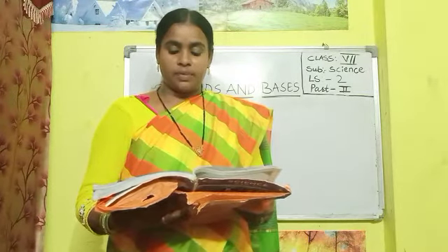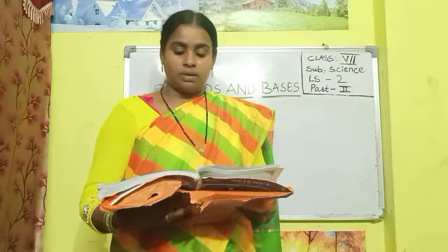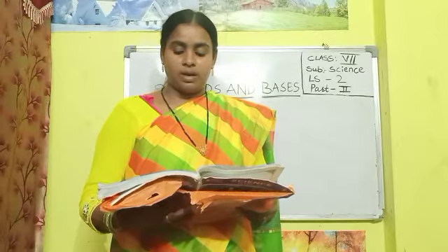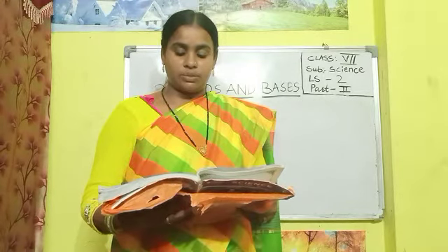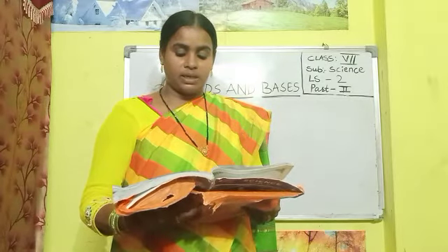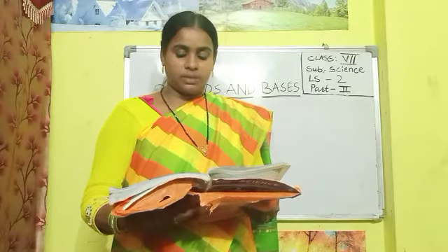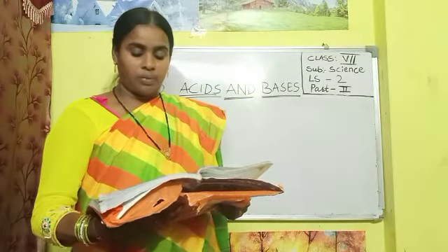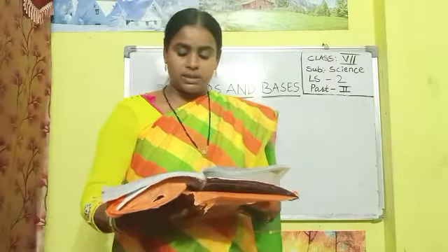Now add a caustic soda solution whose concentration is equal to the hydrochloric acid, drop by drop to the test tube. After each drop, shake the test tube well and see if there is any change in the color of the solution. Keep adding the caustic soda drop by drop until the color turns pink.